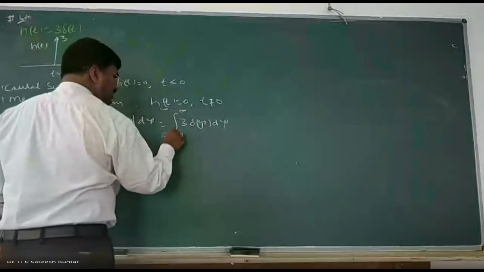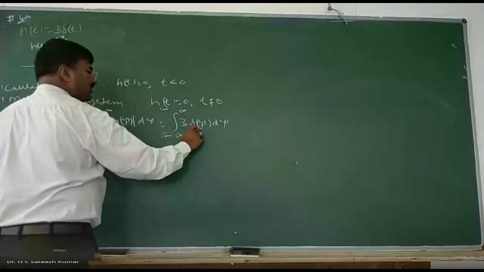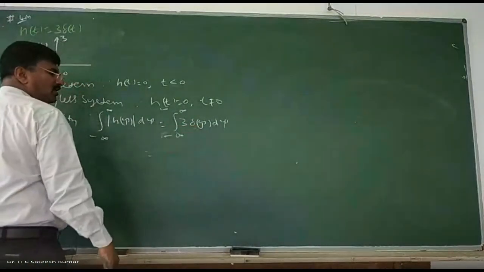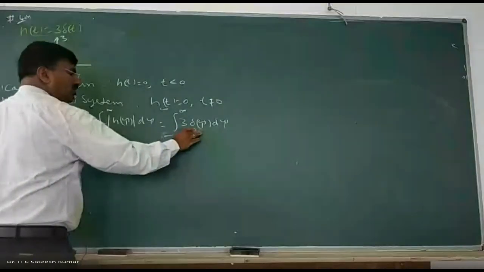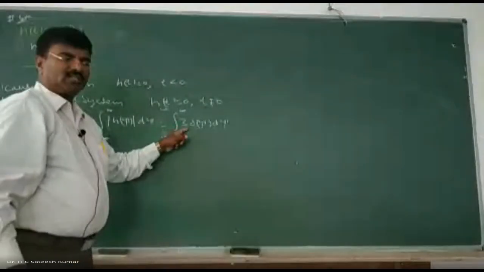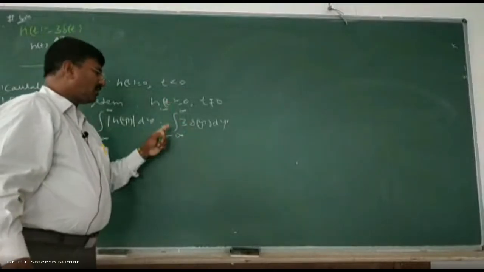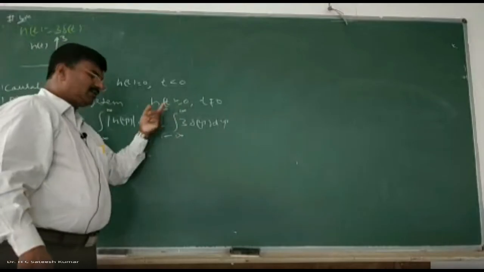Even though integration is there from minus infinity to plus infinity, I am multiplying this by a function which exists only at one place. Integration means what? Adding all the values from minus infinity to plus infinity. And it doesn't exist itself. How will you add all the values? Even if you add it, you will get 0 only.